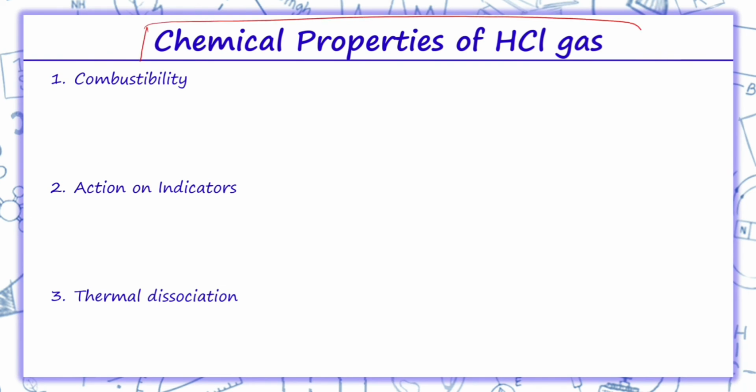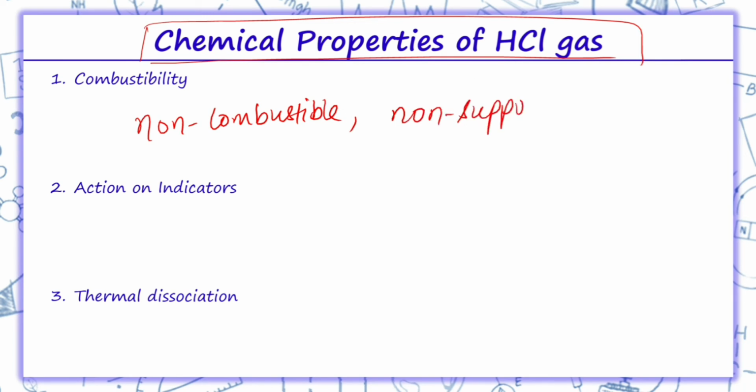Coming to the chemical properties of HCl gas. HCl gas is non-combustible and a non-supporter of combustion. That means it does not burn and it extinguishes a glowing splint.